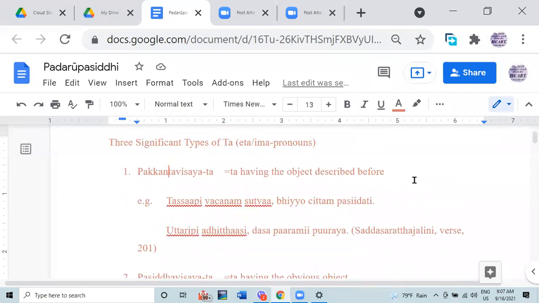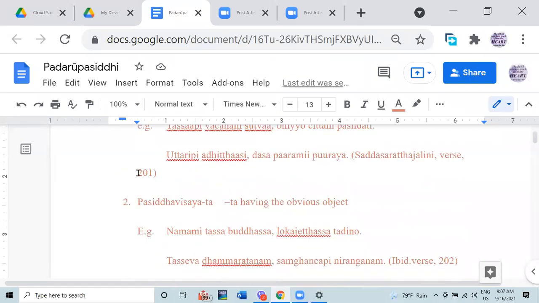This is from Jalini. And then number two, Pasita Visayata. Pasita means obvious, apparent, visible. So the ta which has the obvious object.